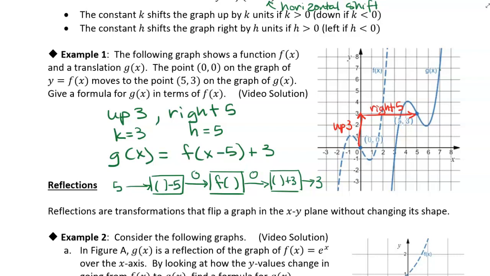Sometimes it helps me see a little bit better, especially the inside change, where you're doing something to the input. It's a little counterintuitive, but sometimes that diagram helps me. All right, I will meet you in the next video for the next example.